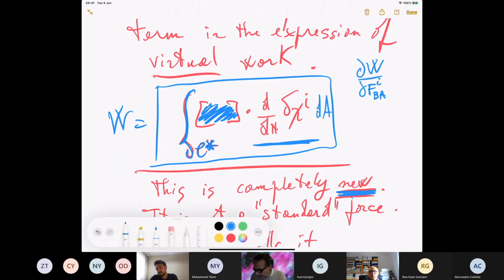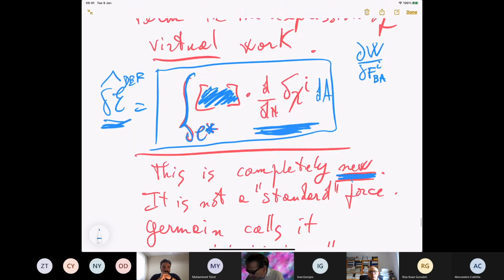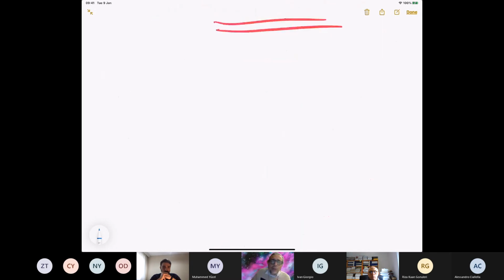Okay, this is not very good. Let us write it delta E def. So you have a part of the first variation of energy, which depends on the normal gradient of delta K_i.